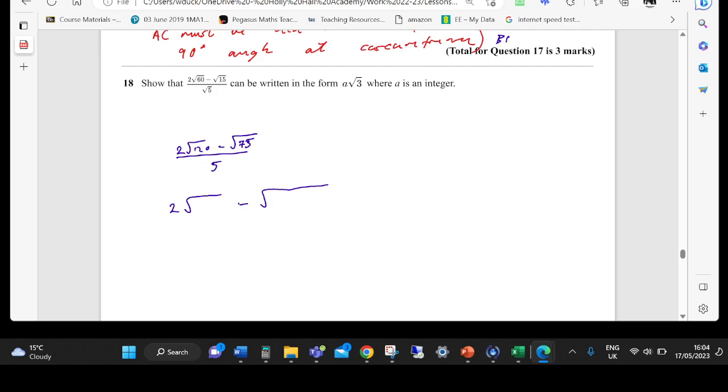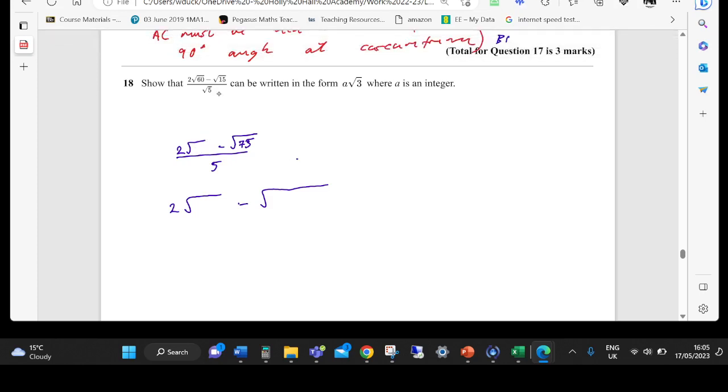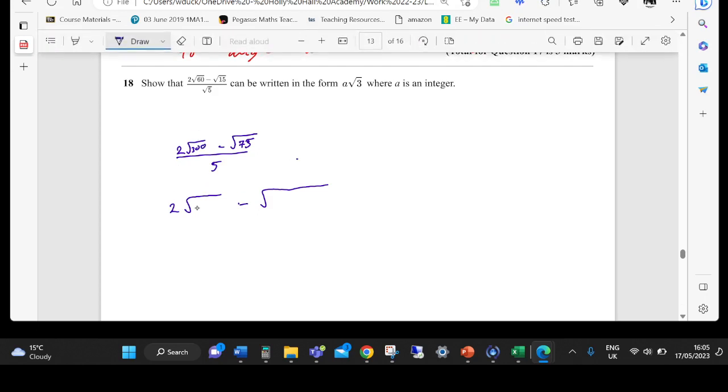Okay, so I've made a mistake here. Root 60 times by 5 isn't 120. Root 60 times by 5 is 300, which makes a lot more sense.